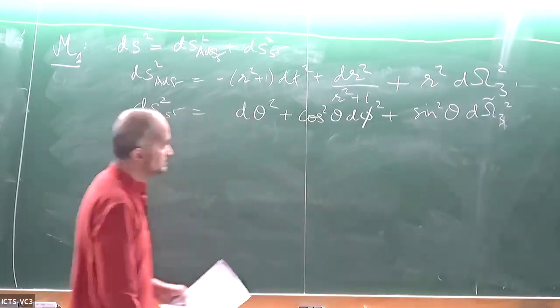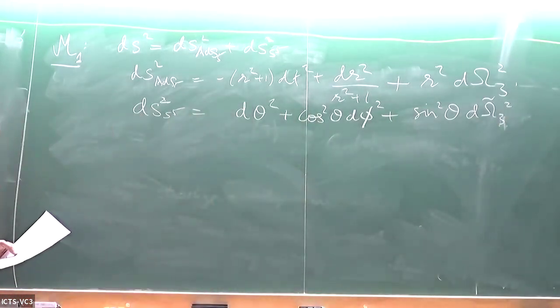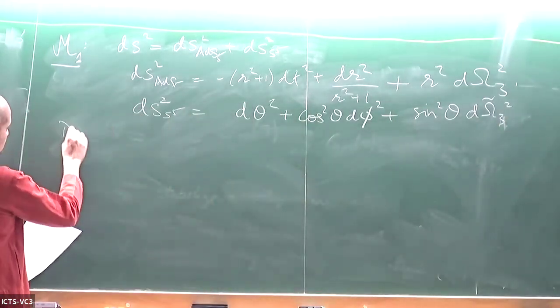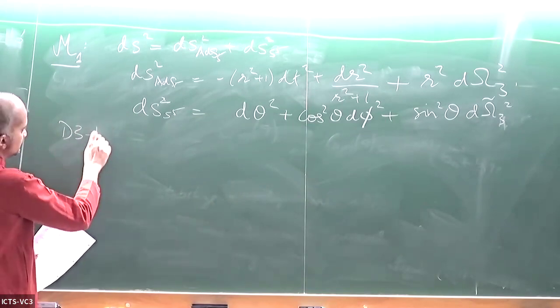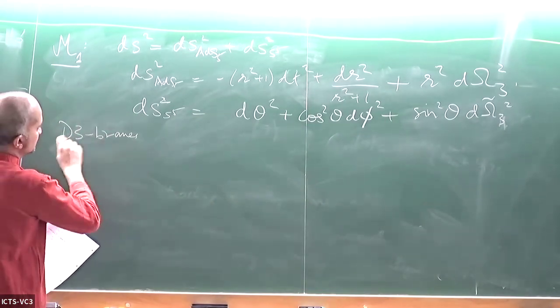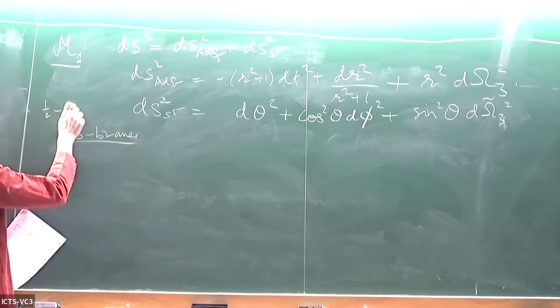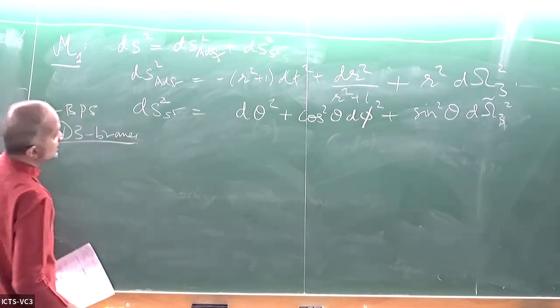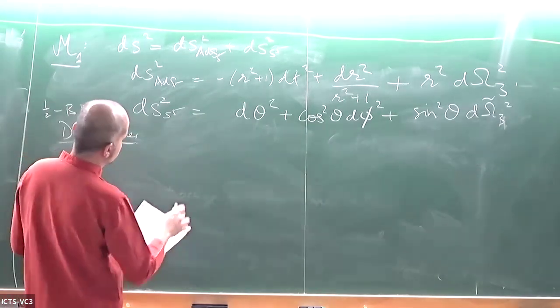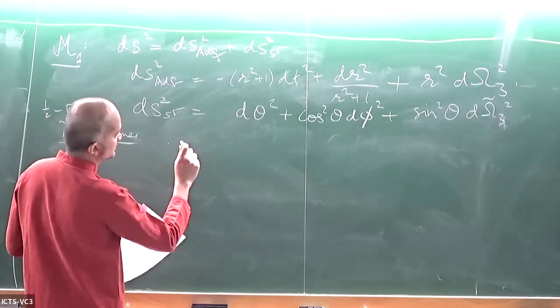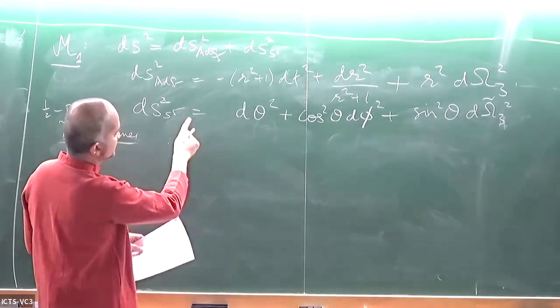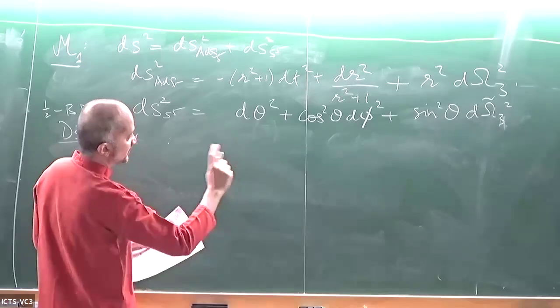Okay. And gravitons are of course known, but the half BPS D3 branes are also known. These are the so-called giant gravitons. They all spin around this S5 at the speed of light.